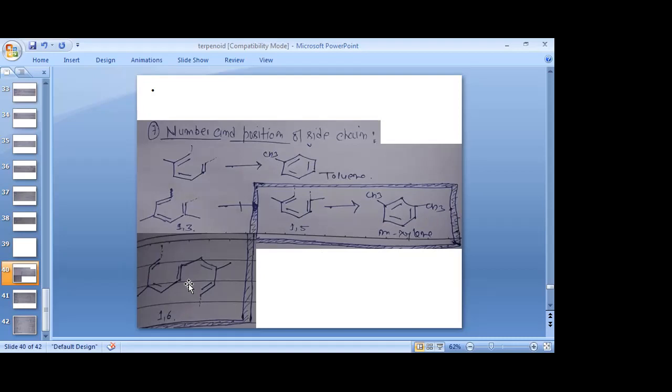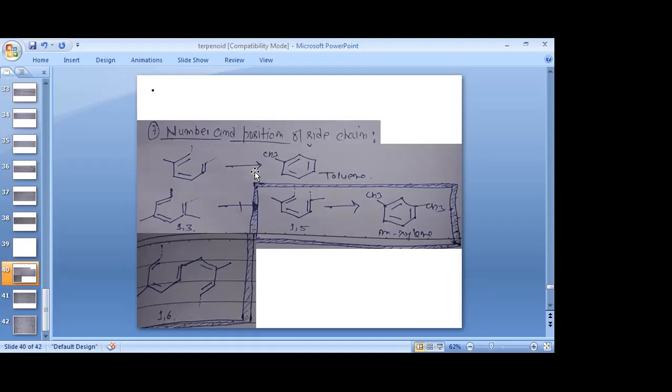If you combine these two carbons and these two carbons, because one carbon, then two, three, four, five, six, it means they convert into 1,6-dimethyl naphthalene, because of two benzene rings, no? So it converts into toluene, metaxylene, and 1,6-dimethyl naphthalene, right?